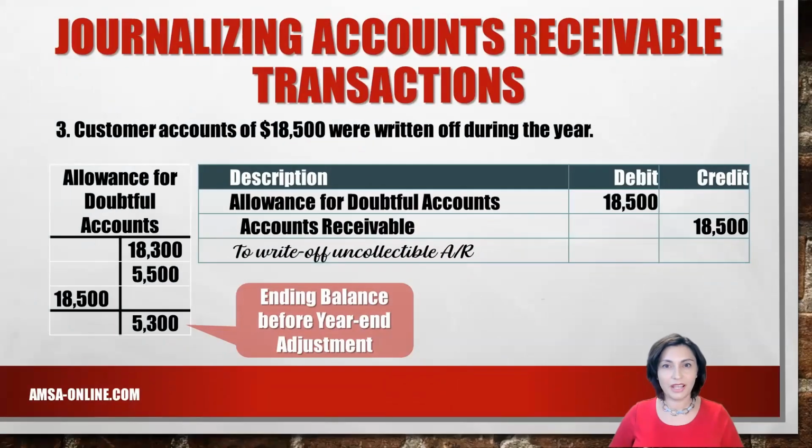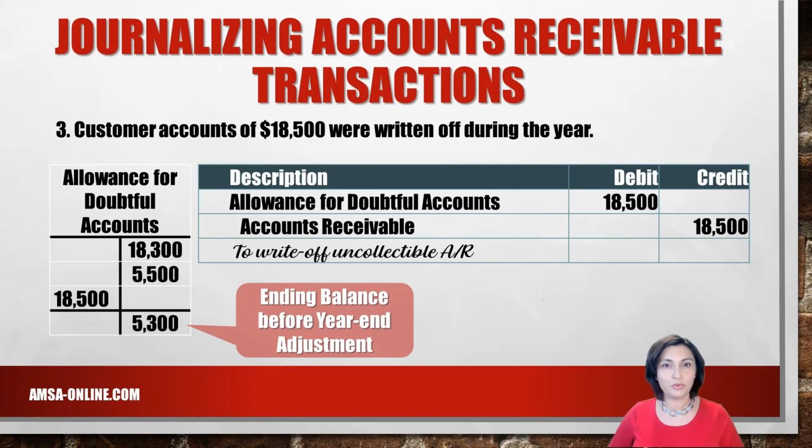Customers' accounts of $18,500 were written off during the year. To write off the uncollectible accounts, we need to decrease or debit the allowance for doubtful accounts account and decrease or credit accounts receivable by $18,500.